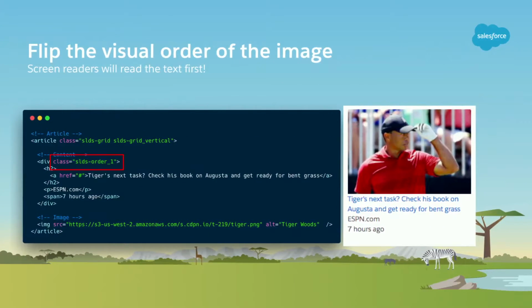So next what I want to do is flip the image. The SLDS grid system allows you to visually reorder elements, but I have to make a point here that you should be very careful with this feature. Subtle tweaks, I think, is just enough. Because like I said, we want to optimize for machine readability.